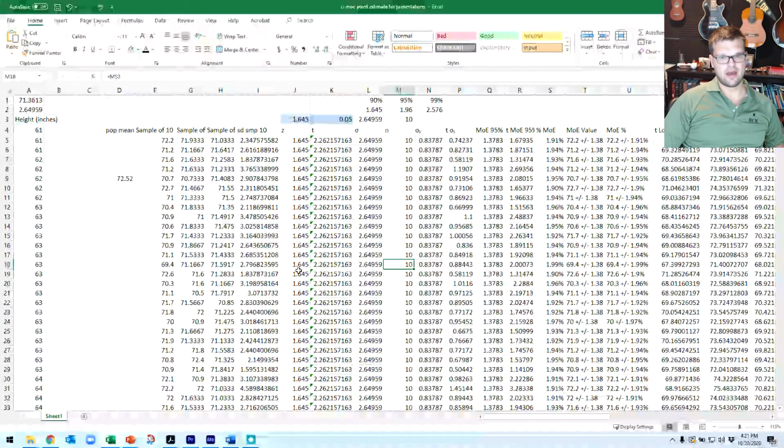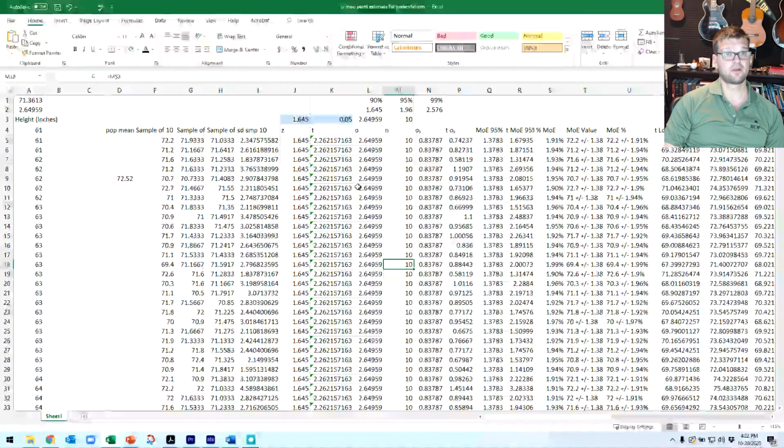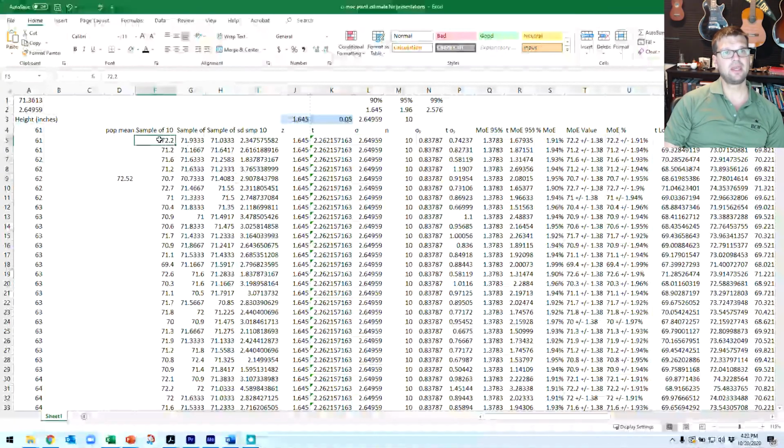With FIFA, I once again told you that when we have a 95% confidence interval, we are saying that if I take 100 samples, then the confidence intervals for 95 of those samples will contain the population mean. But for 5 of those samples, it probably won't. And so that's what the 95% confidence interval is. So what I did is I've got these samples of 10. I've got all these samples of 10. I've got the mean, the average height of 10 players.